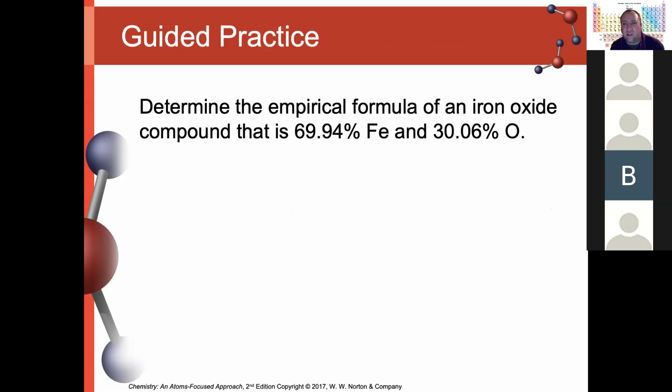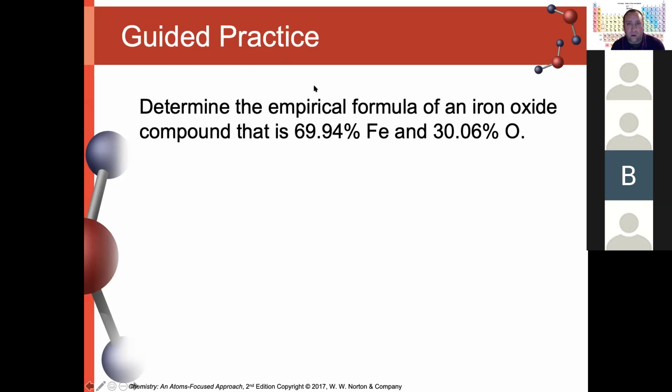So let's take a look at an example here. Now, we've already worked through an example similar to this going the other direction, but let's follow this to its natural conclusion. I have something that is 69.94% iron and 30.06% oxygen.